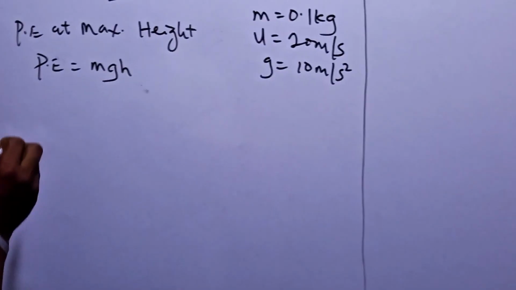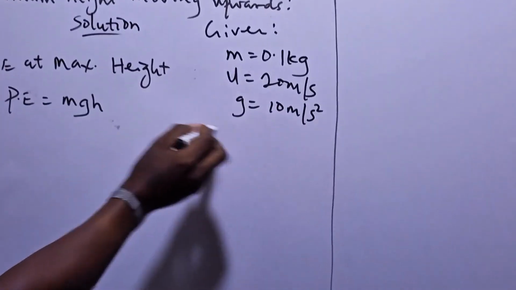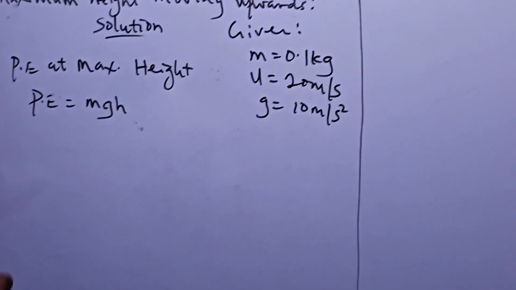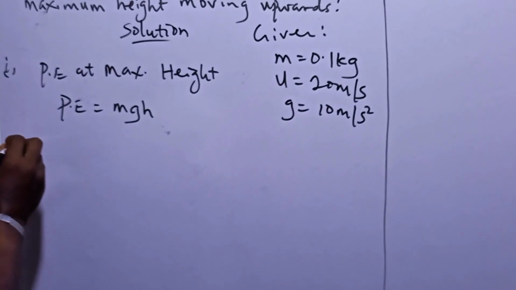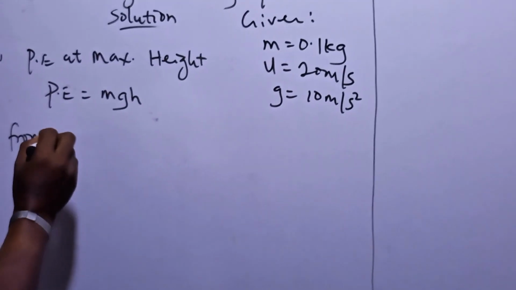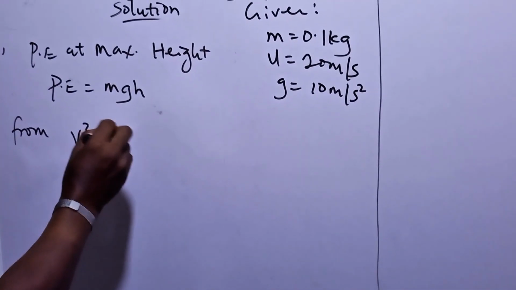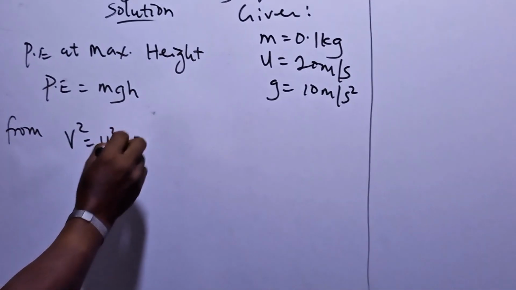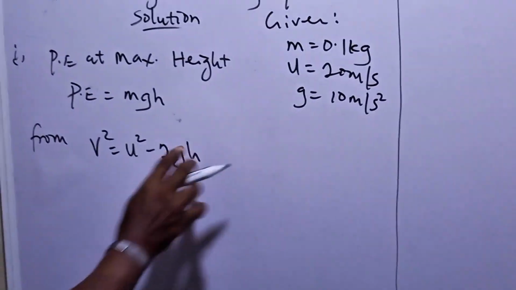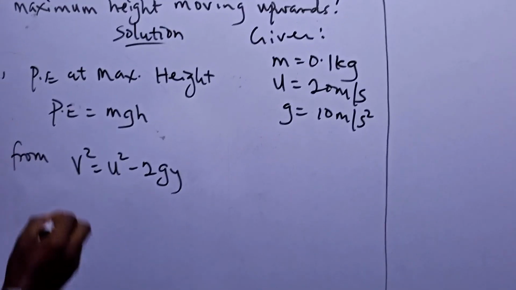But we are given mass and acceleration due to gravity, we're not given height. We have to get height. Getting height, let's say from the equation of motion, v squared equals u squared minus 2gh. Sorry, minus 2gy, where y is still height.